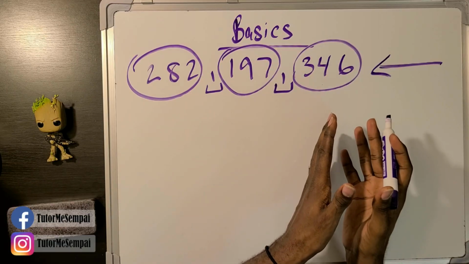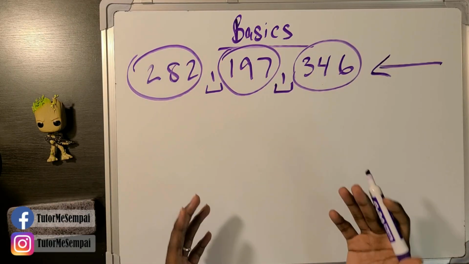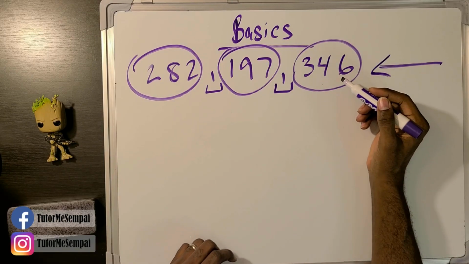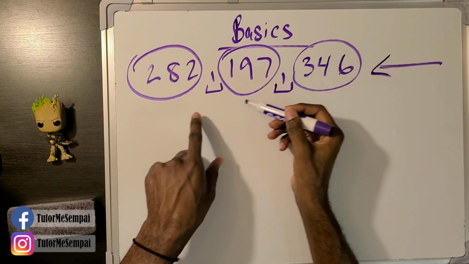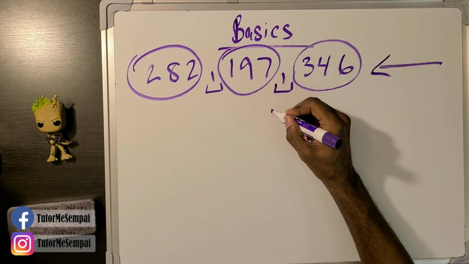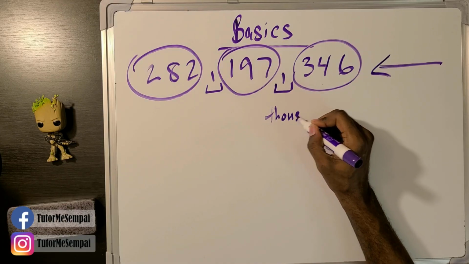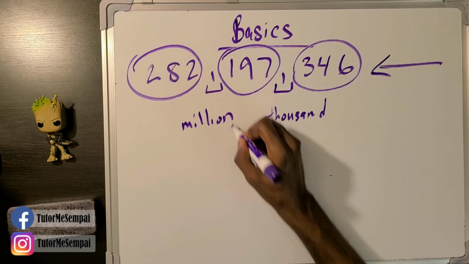So we have our groups of 3s and we have our commas. Let's put everything together. When you're reading a number like this, you're going to first name your commas, and you have to start from the right when you're naming your commas. So we said this was the thousand comma, right? And we said this was the million comma, right?